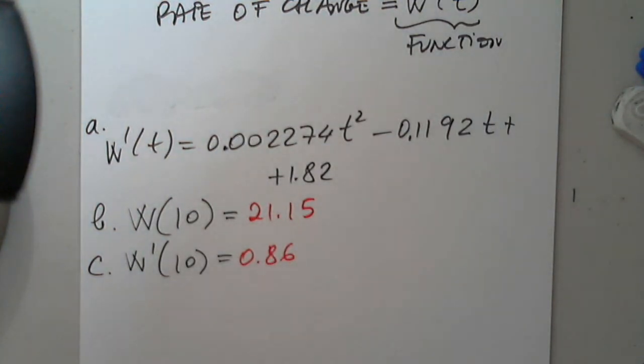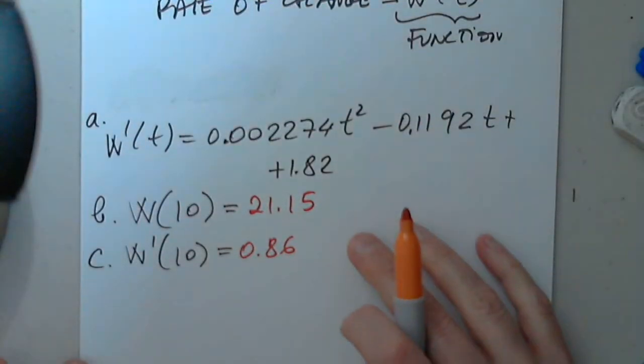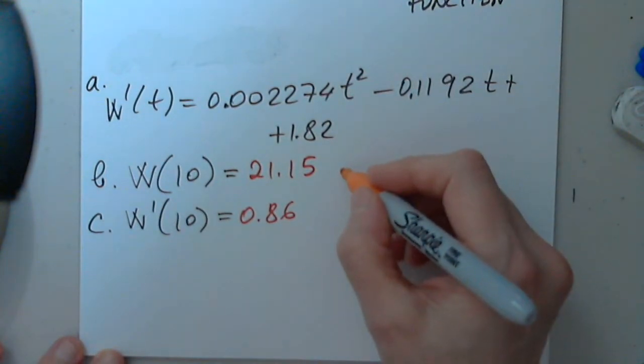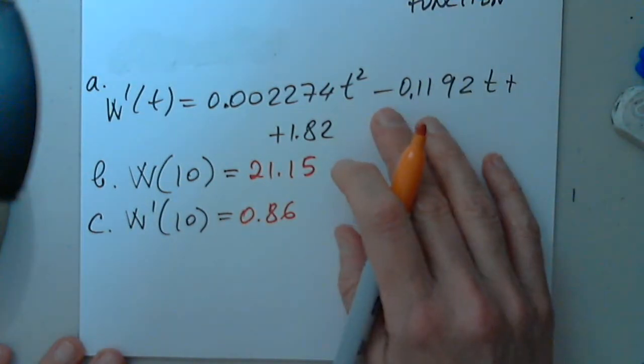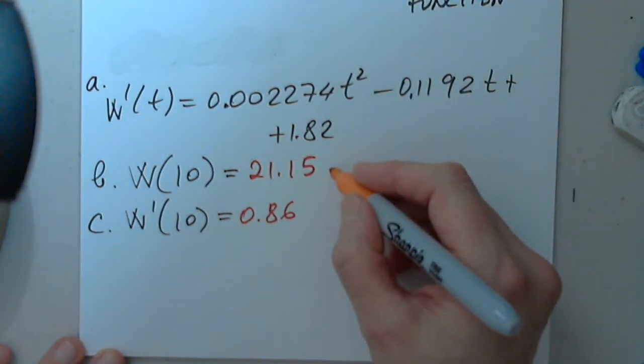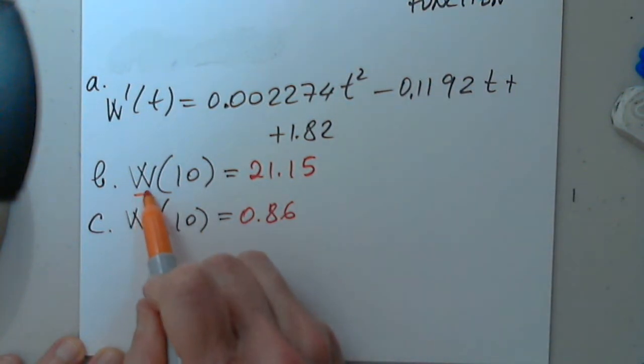Now the big thing is the measurement unit. So, measurement units, please. I can't remember if they use pounds or kilos, but whatever it would be, pounds over months. Pounds per month.